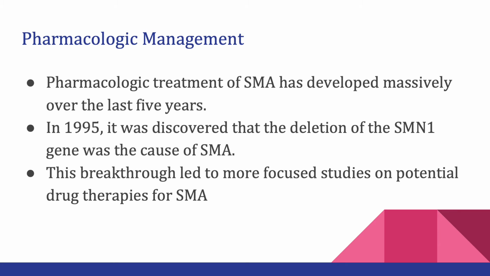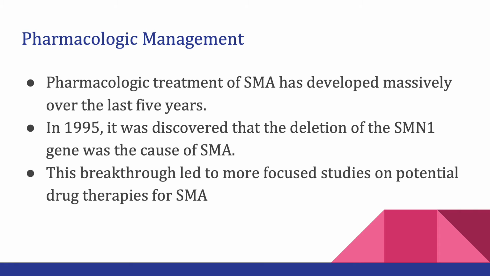So next, we're going to talk about pharmacologic management of SMA. Prior to 1995, the exact cause of SMA was unknown. Treatments for the disease were purely supportive, and for children with the more severe types of SMA, the lack of treatment options basically meant premature death.